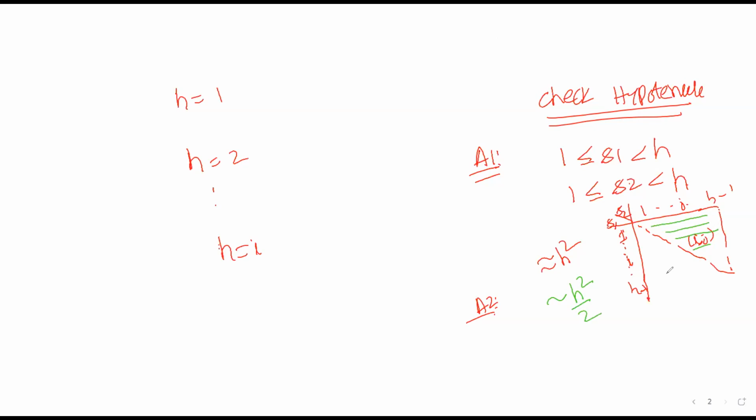Now the question is, are you fine with A2, that h square by 2 makes sense? That is approximate. When we want to find how our algorithm is performing, we try to get an estimate of it.